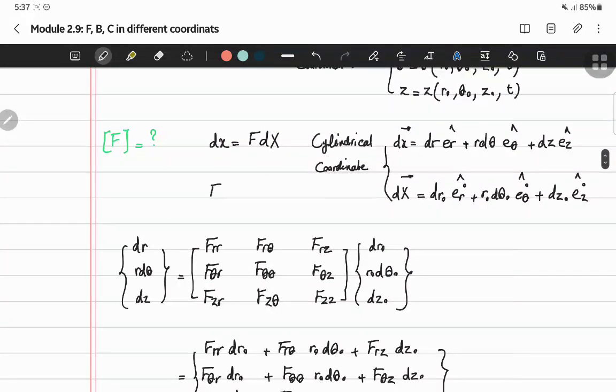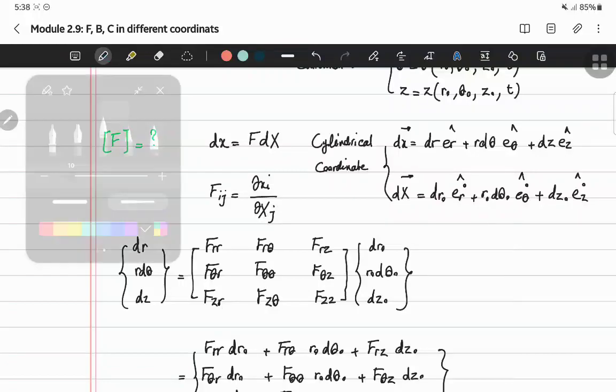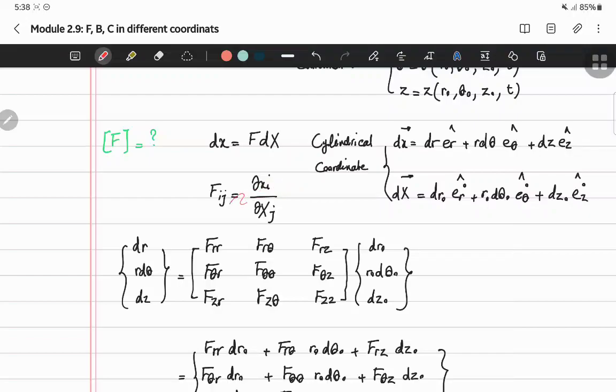So if you remember, F_ij was the partial derivative of x_i with respect to capital X_j. So here you can see that the first subscript goes to the current configuration, and the second one, J, goes to the reference configuration. So maybe I'll write it here. This is the current configuration, and this one is for the reference configuration.